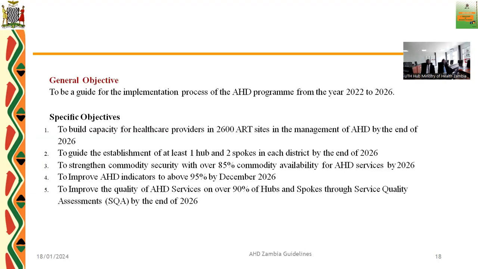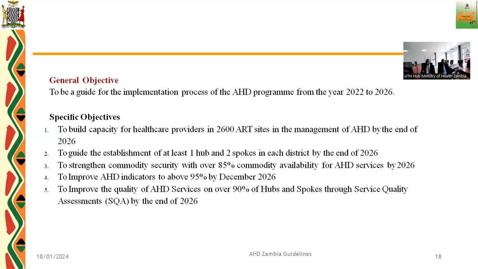I wanted to speak to the objectives of the program, how our implementation will go. So really, we want to at least strengthen commodity security up to about 85% availability by 2026. We want to establish at least one hub and 2 spokes in each district.